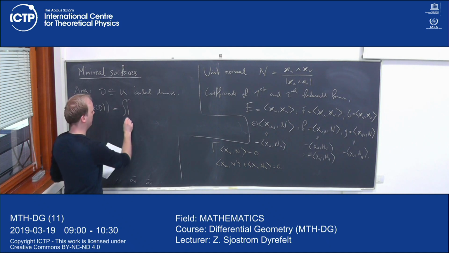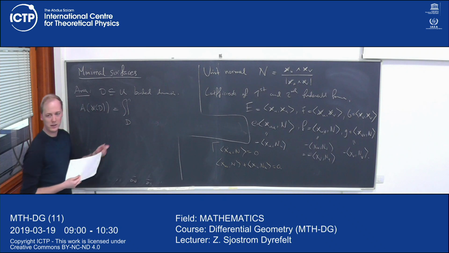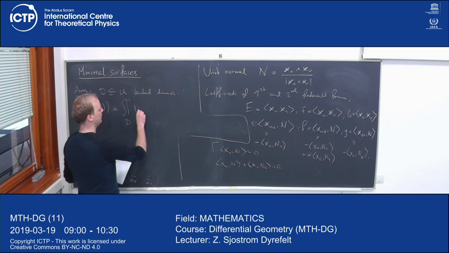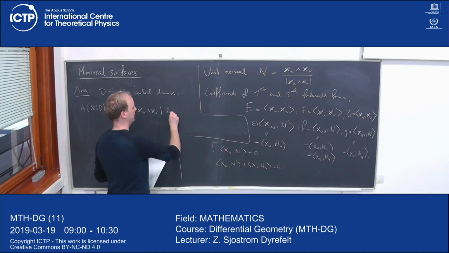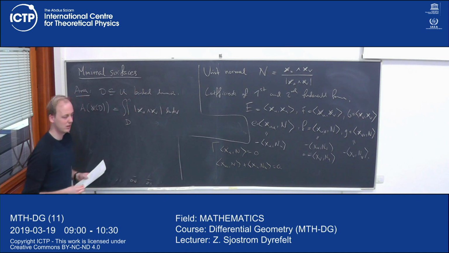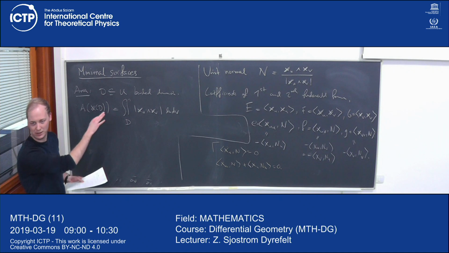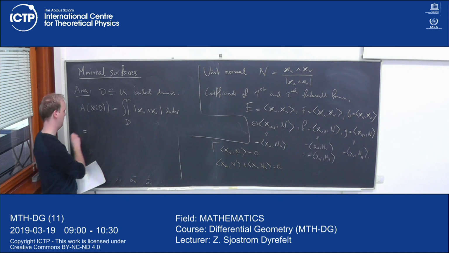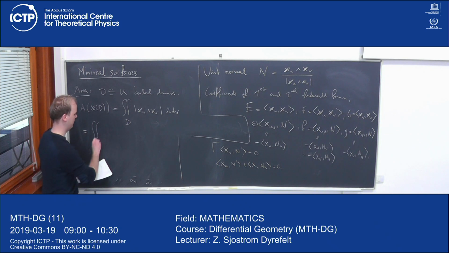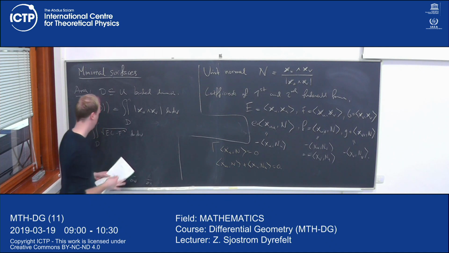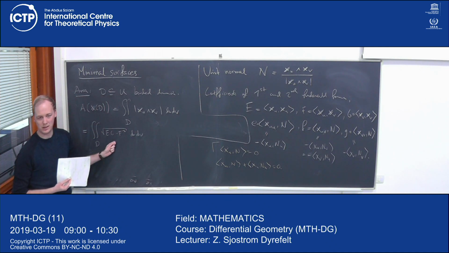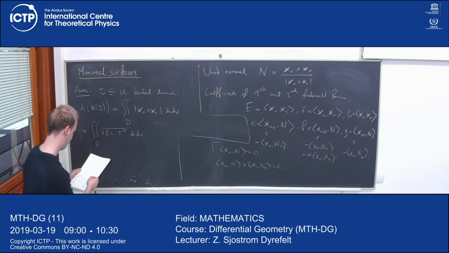And then the definition of this is that you integrate over D the norm of xu wedge xv against du dv. I hope you will have seen this and remember this. And this you can actually write, this is a miracle, you can write it in terms of the coefficients of the first and second fundamental form in the following way. So we'll be using this.